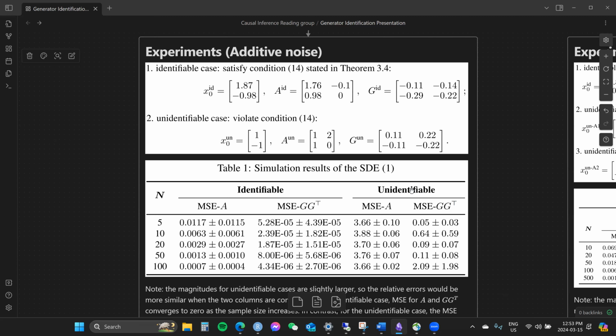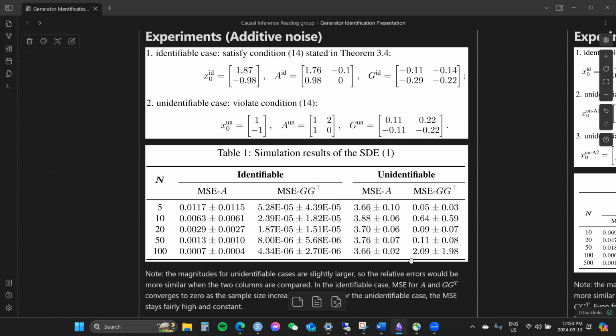But in the unidentifiable case, you can see that the mean squared error of A doesn't really drop when you add more and more observations. While for the G G transpose case, it almost increases, but I guess the variance is blowing up or something, because you can see their uncertainty values here are quite large.